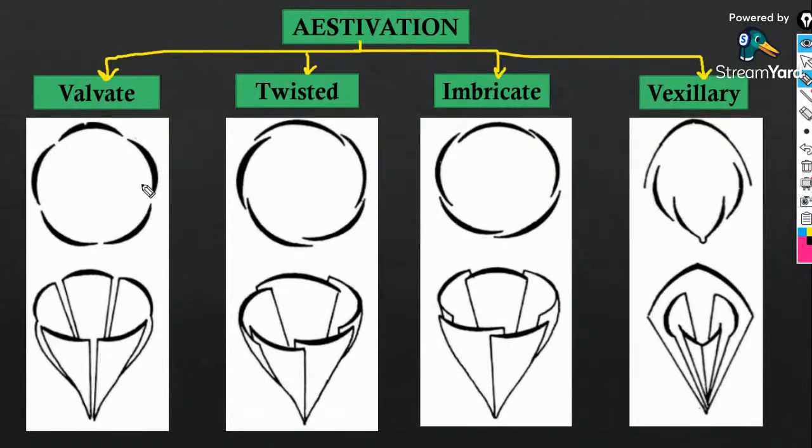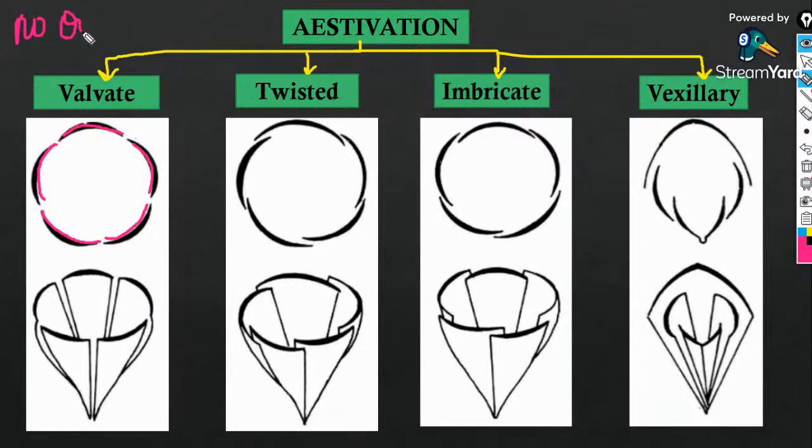What do you mean by valvate aestivation? Look, how is it arranged? The sepals and petals are arranged in a way such that they touch at the margin only, just like this. It's not overlapping.